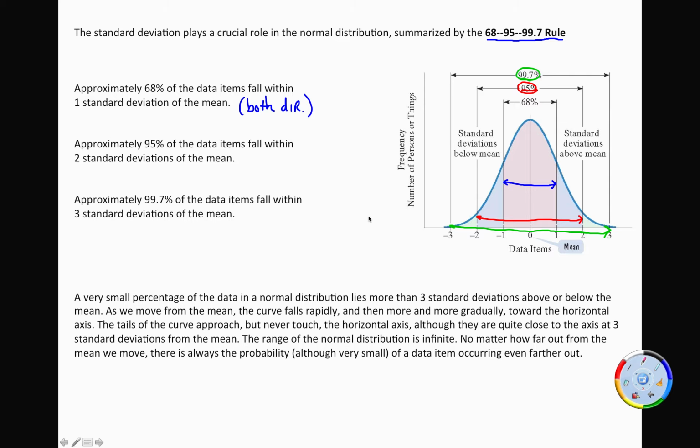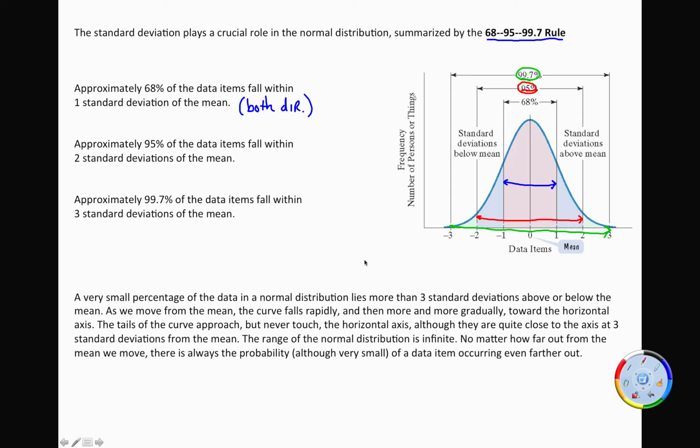A very small percentage of the data in a normal distribution lies more than 3 standard deviations above or below the mean. As we move from the mean, the curve falls rapidly and then more and more gradually toward the horizontal axis. The tails of the curve approach but never touch the horizontal axis, although they are quite close to the axis at 3 standard deviations from the mean.